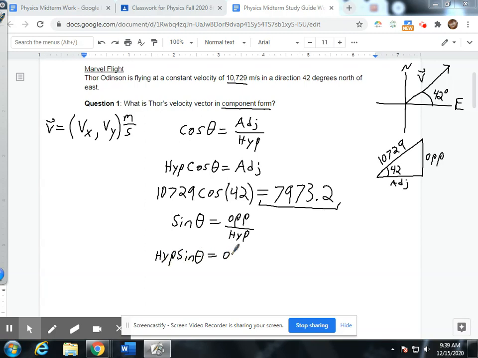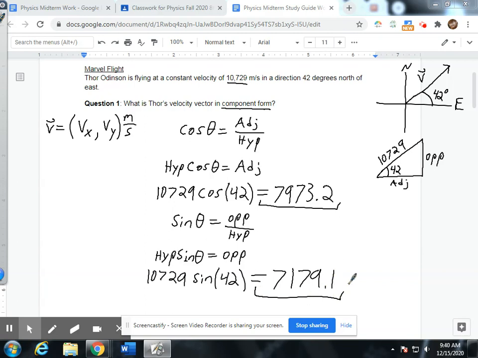And we see that it looks almost identical, except our trig is now sine. And we can plug numbers back in. Plugging all that into our calculator, we should get 7,179.1, we'll say.